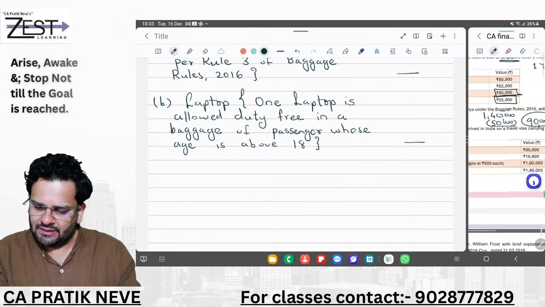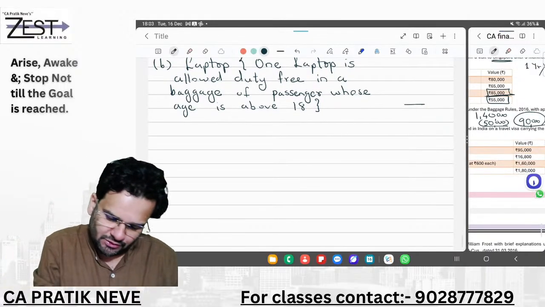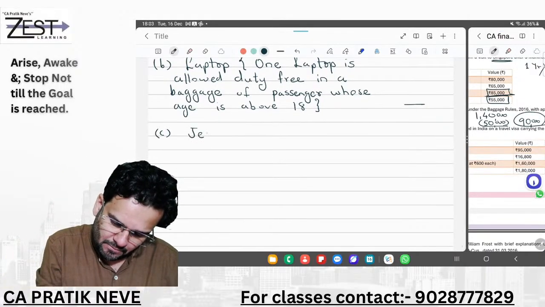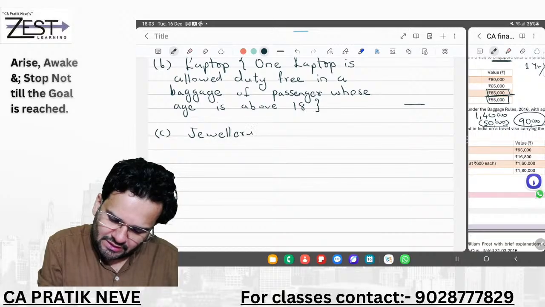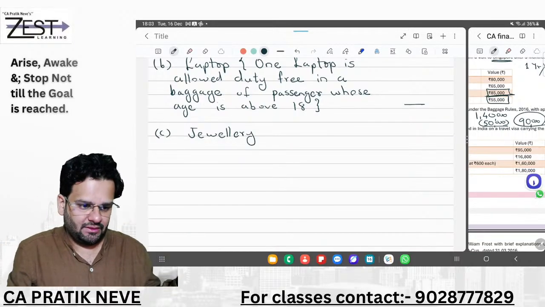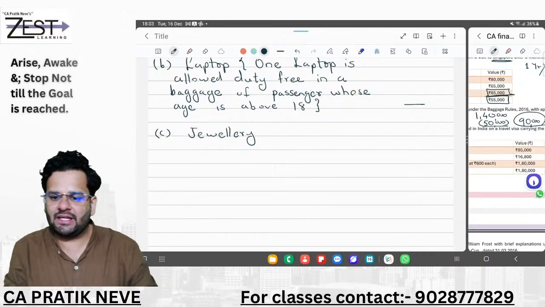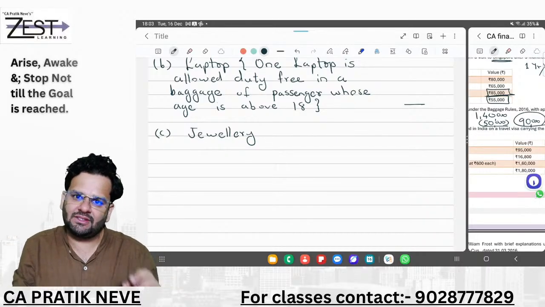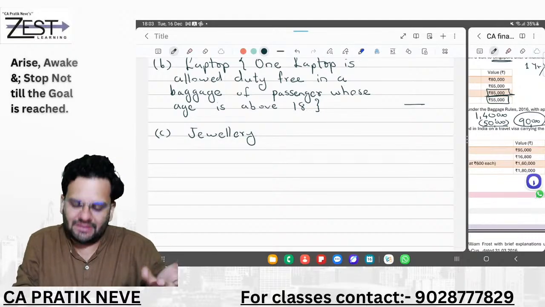Then jewelry, 85,000. This is such a jewelry which is not falling in Annexure 1. Why is it not falling in Annexure 1? Because it is in ornaments form. It is jewelry.